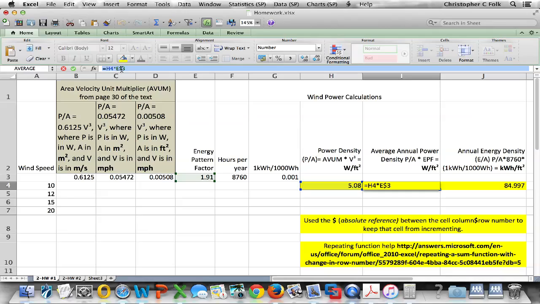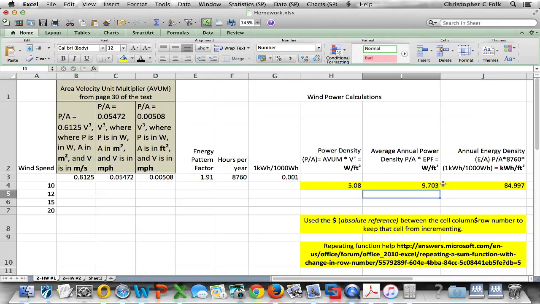In this case, I want to continue using exactly the 1.91 because that did not change. So I'm using H4, which happens to be this 5.08, times the absolute value contained in E3, my energy pattern factor of 1.91. That worked well. Again, I can pull this down to get all my answers. Boom, boom, boom, boom.